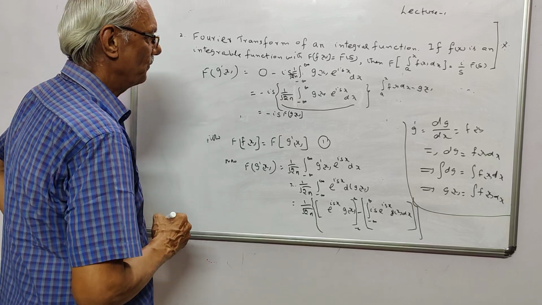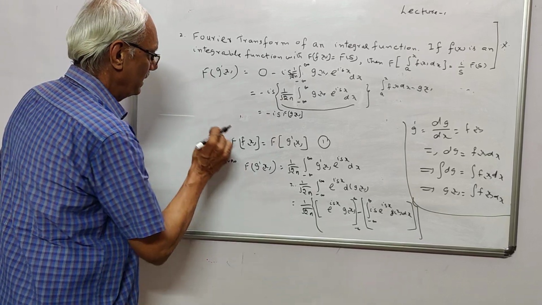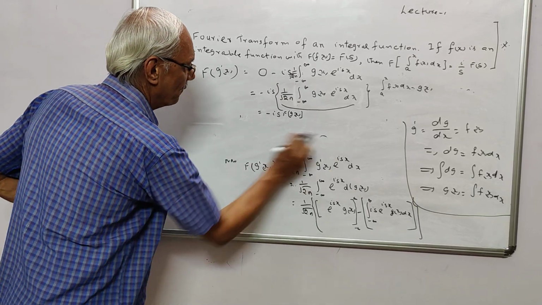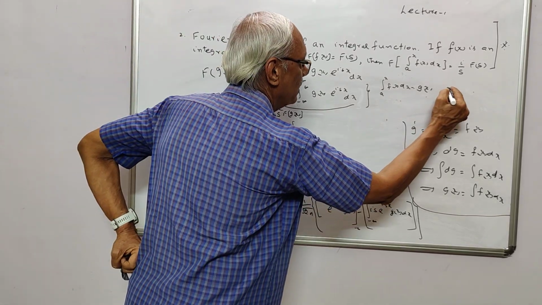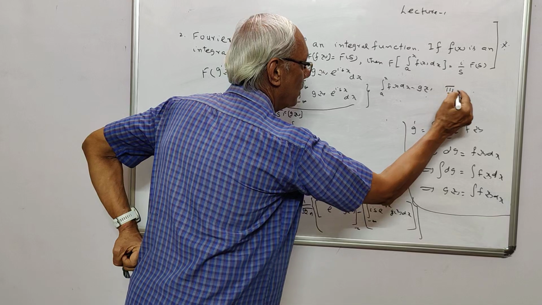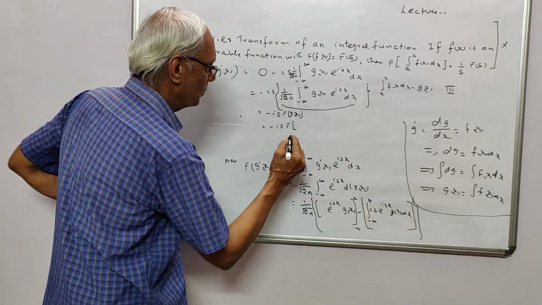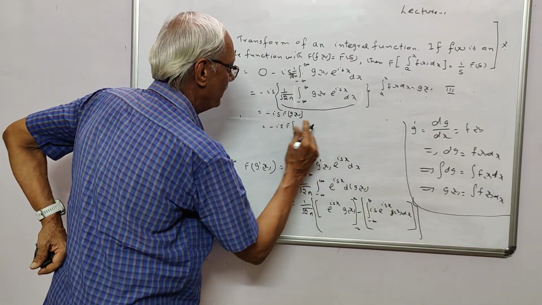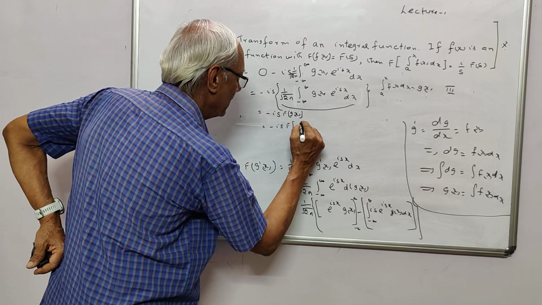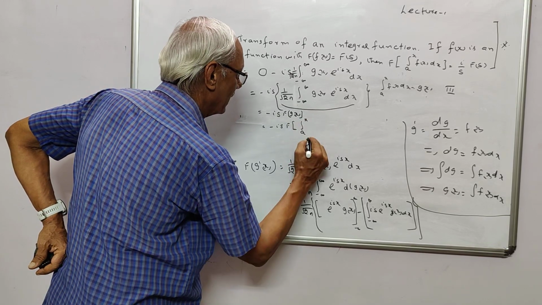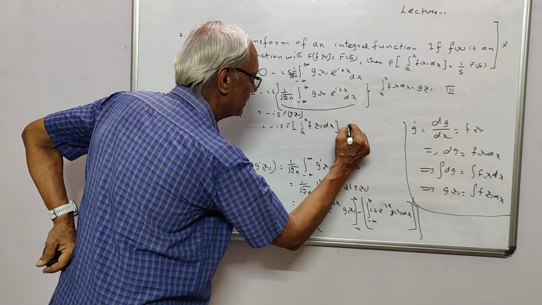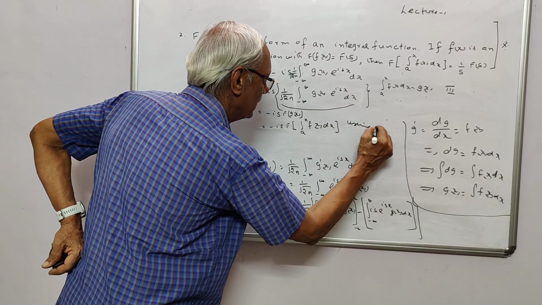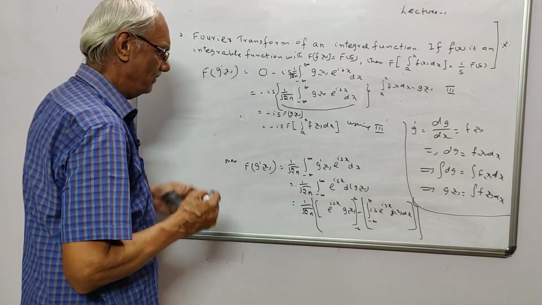Now call this as 3. Now you see that g of x can be written as integral from a to x of f of x dx, using 3.